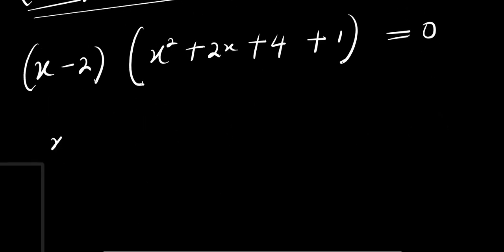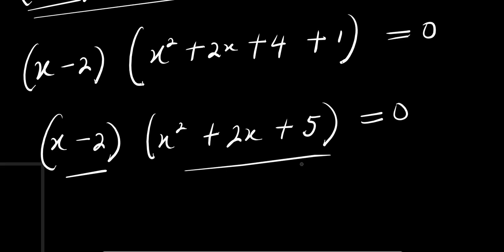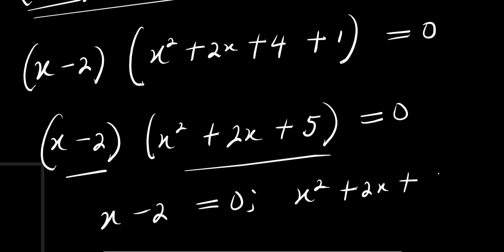So I have x minus 2 times x squared plus 2x plus 5 equals 0. Let's solve these individual equations. So I will have x minus 2 equals 0 and x squared plus 2x plus 5 equals 0.